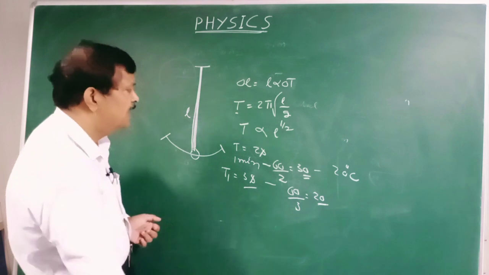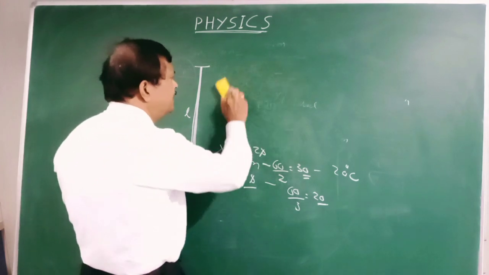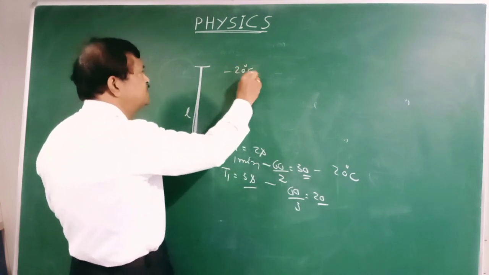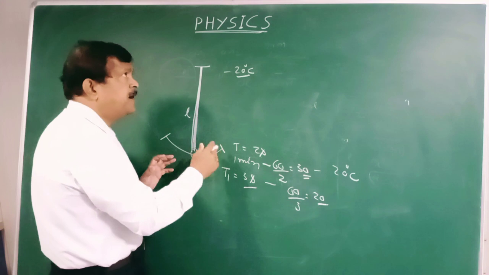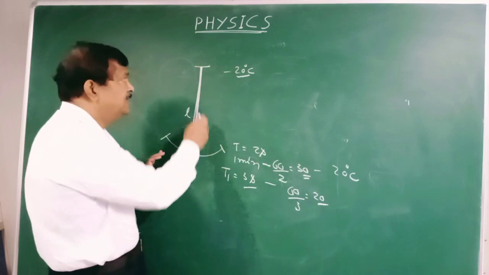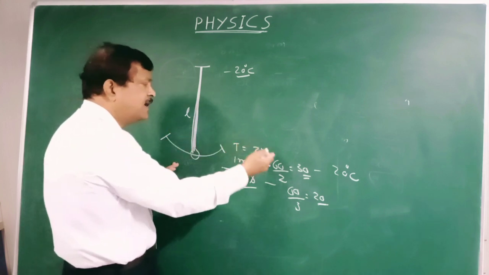Unlike this, suppose we are using the pendulum clock at a lower temperature, at a place where the temperature is minus 20 degrees centigrade. Corresponding to the fall of temperature, it will contract. When the length decreases because of contraction, the time period will also reduce.